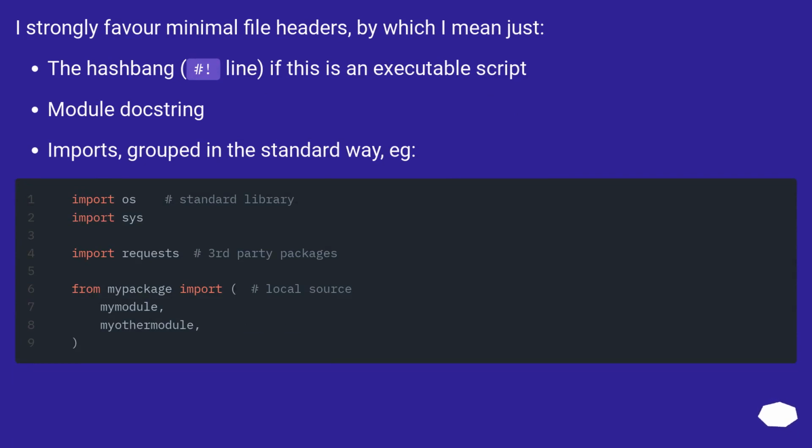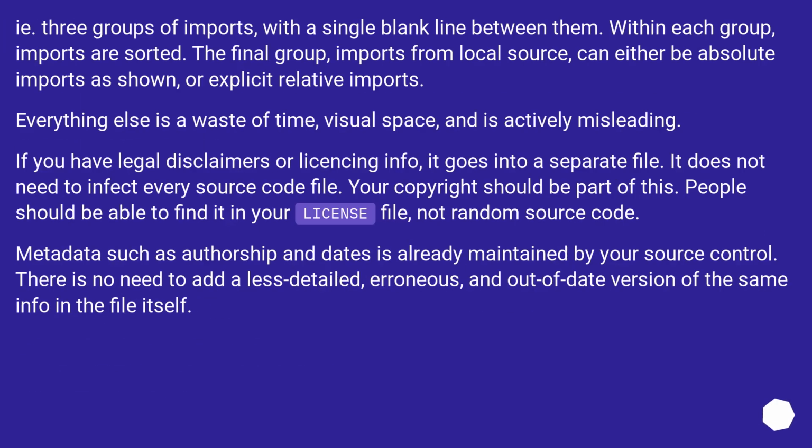I strongly favor minimal file headers, by which I mean just the #! line, if this is an executable script, module docstring, and imports, grouped in the standard way, e.g. three groups of imports, with a single blank line between them.